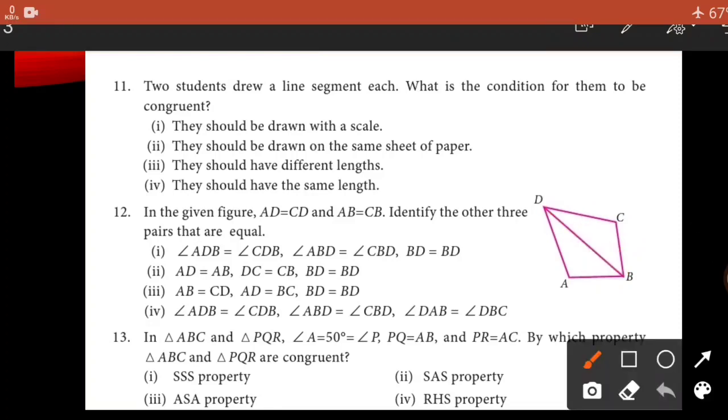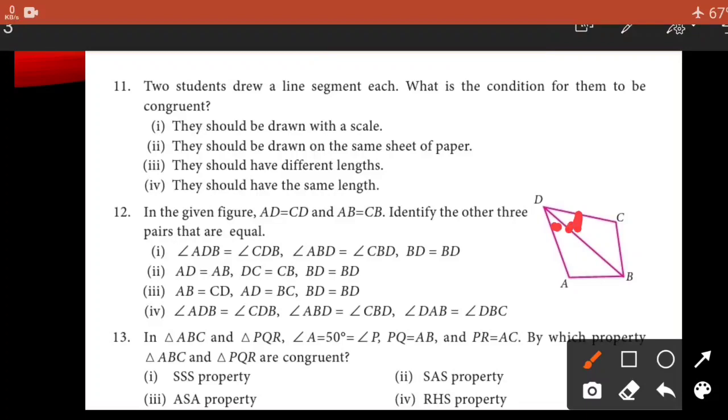Okay, the fourth option. Fourth option is angle ADB. Angle ADB, this one. Okay, and angle CDB. CDB is this one.